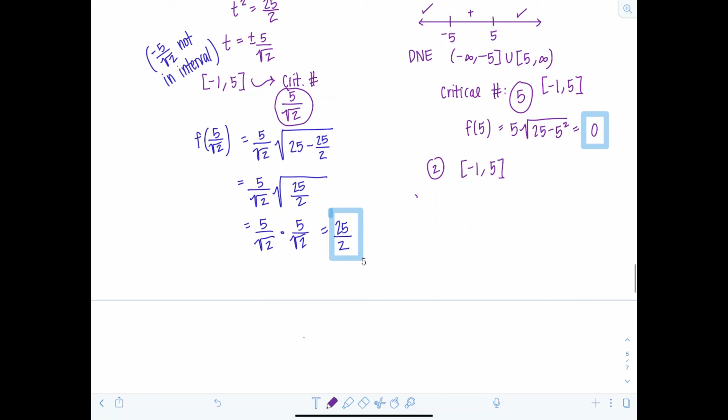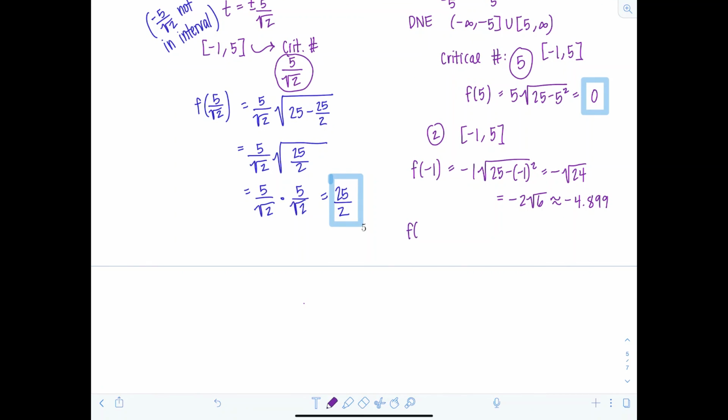So f of -1 is going to be -1 times the square root of 25 minus -1 squared. So that's negative rad 24, which is -2 rad 6. And for comparison purposes, that's about -4.899.